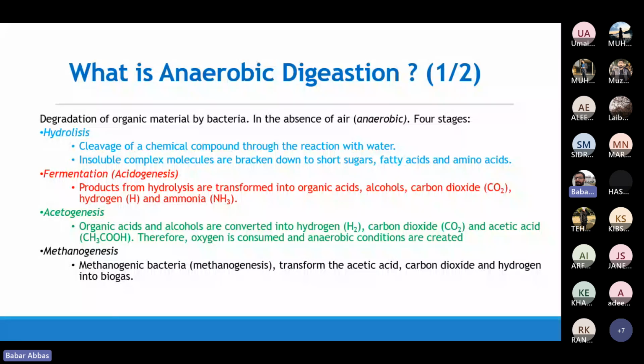The first stage is hydrolysis, cleavage of a chemical compound through the reaction with water. It's like, you can say, that the basic process to start decomposition is hydrolysis, because you will first introduce water into it, so moisture content would be playing the vital role.